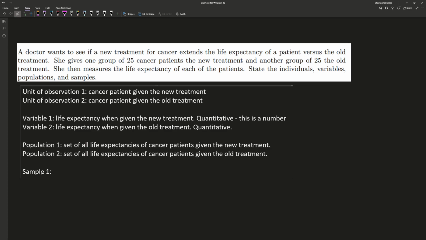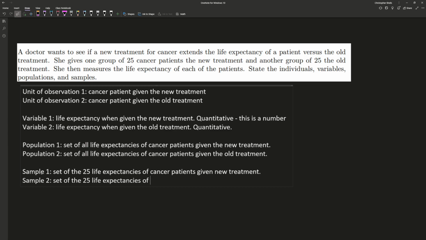Our first sample, the one that involves the cancer patients given the new treatment, is going to be the set of the 25 life expectancies of cancer patients given the new treatment. Our second sample is going to be the set of the 25 life expectancies of cancer patients given the old treatment.